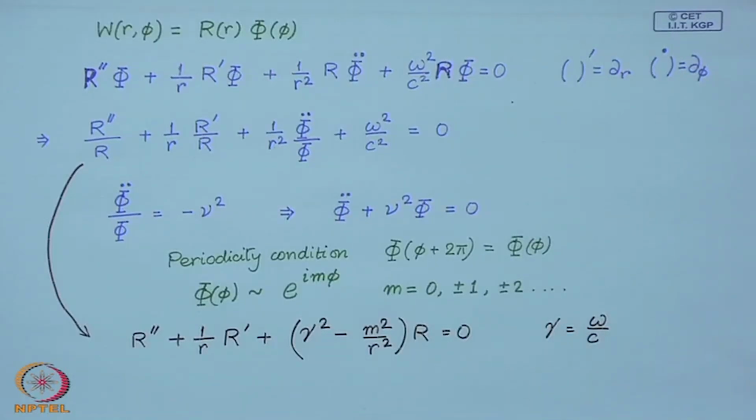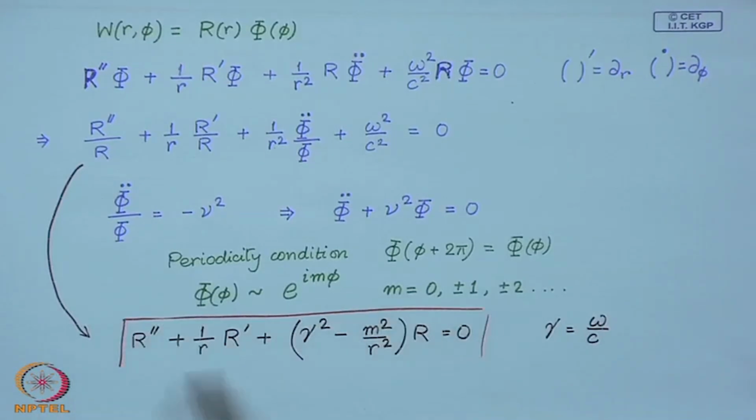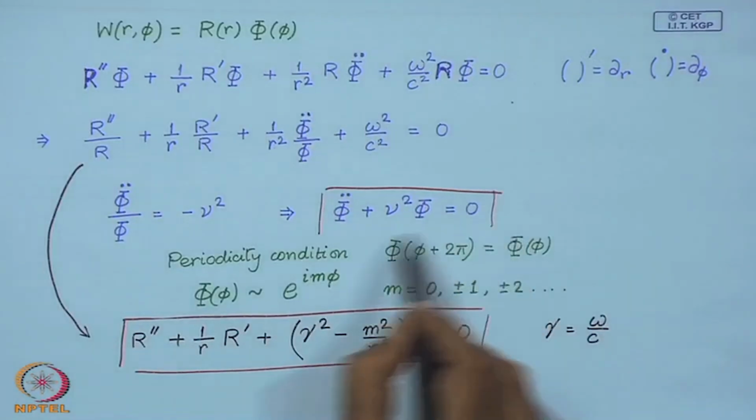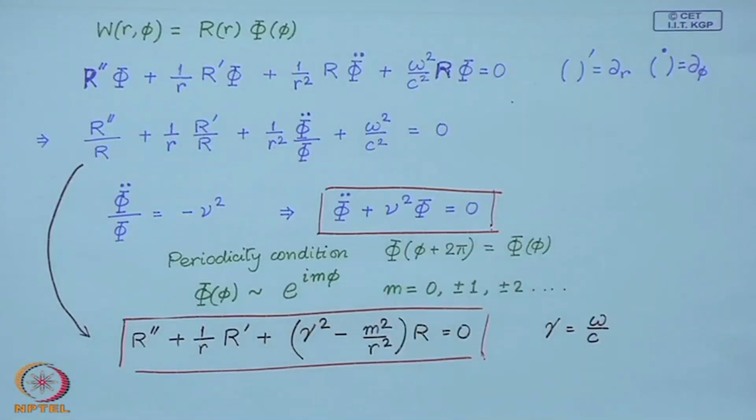So, this is the equation governing our radial function. This equation was for the angular function Phi, and this is for the radial function R.